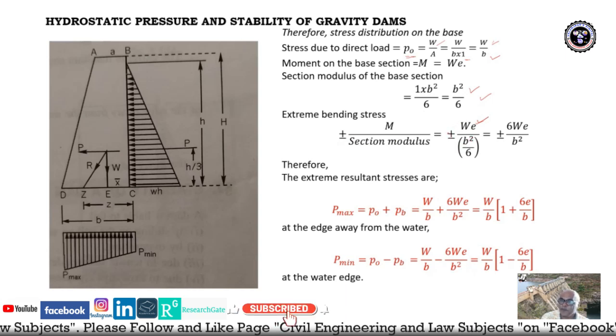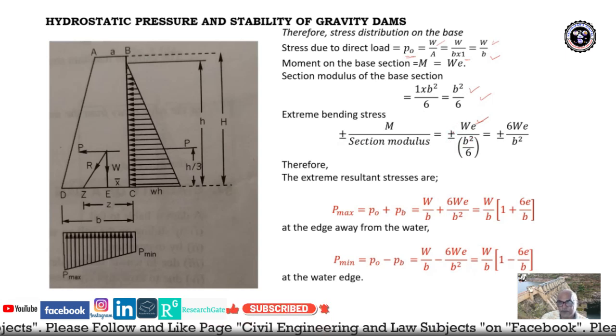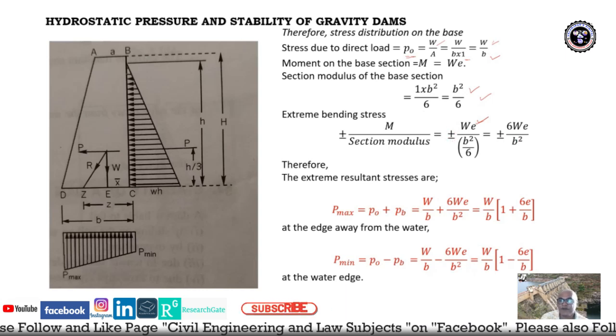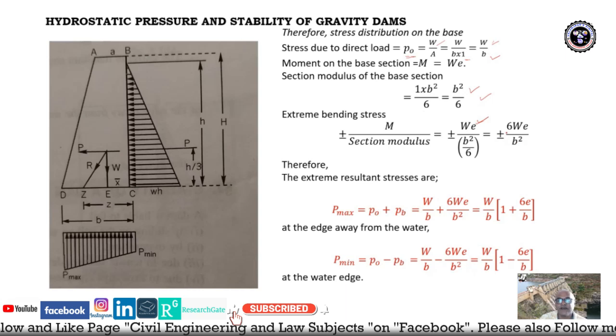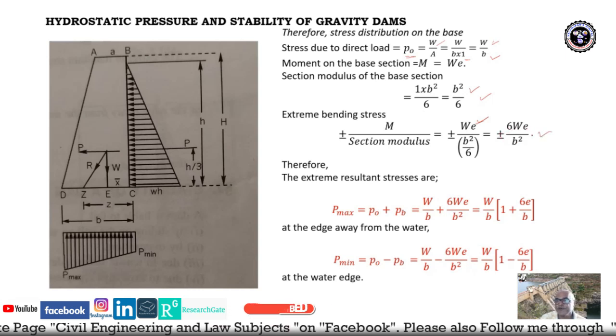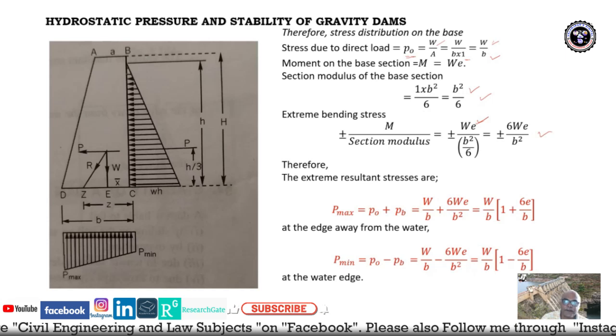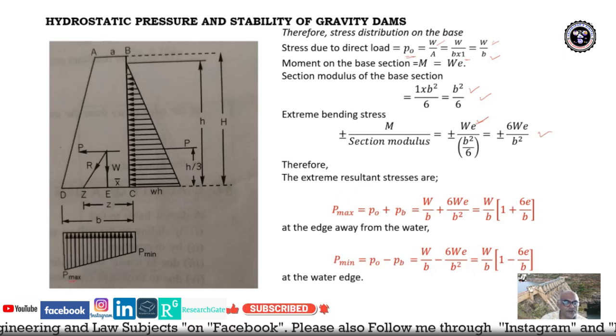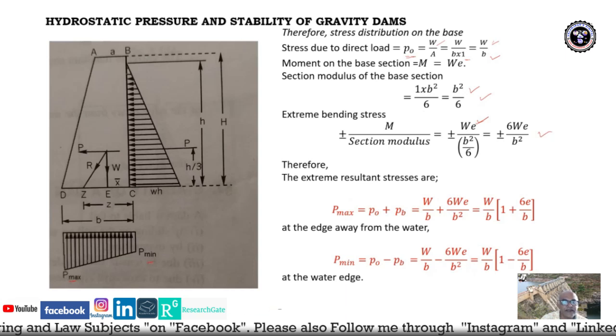It may be plus or it may be minus. If we take plus, it will be maximum, and if negative, it is minimum. So this way we take the extreme bending stress as plus or minus 6WE upon B square. Then we want to find P max. P max will take the positive sign and P minimum will take the negative sign here.